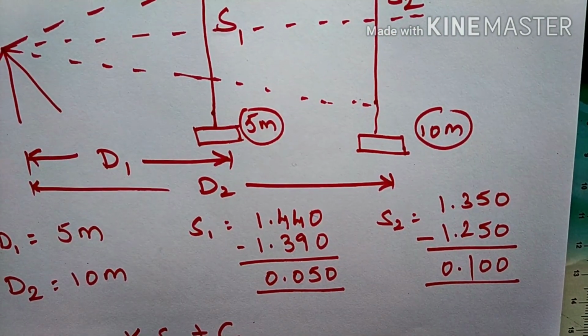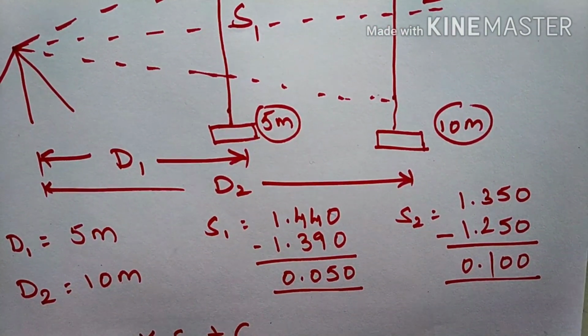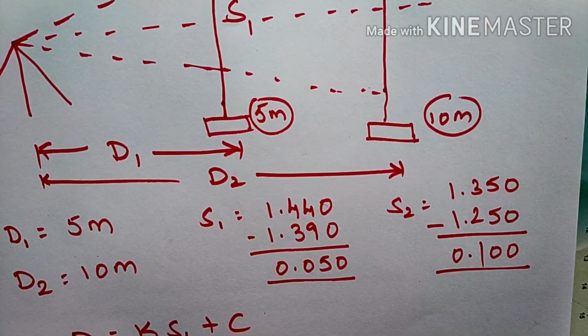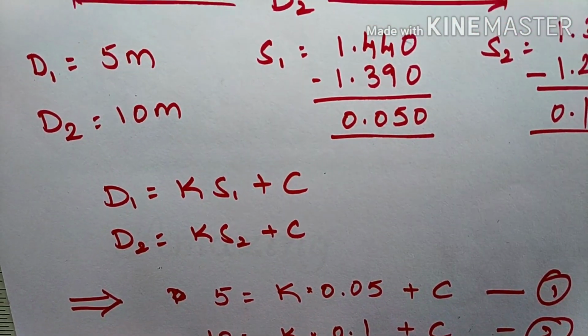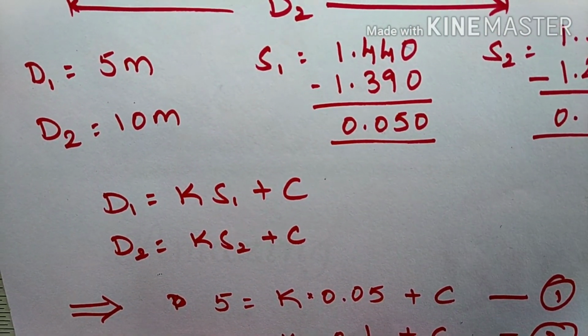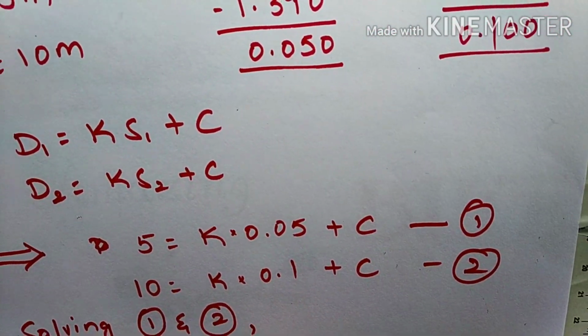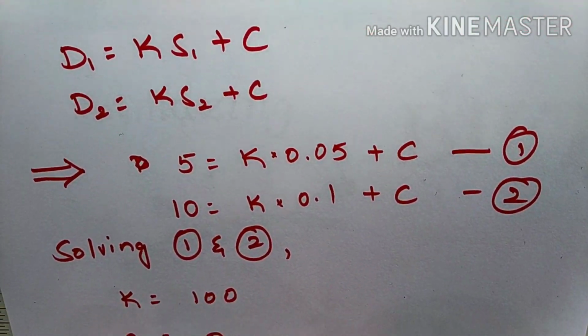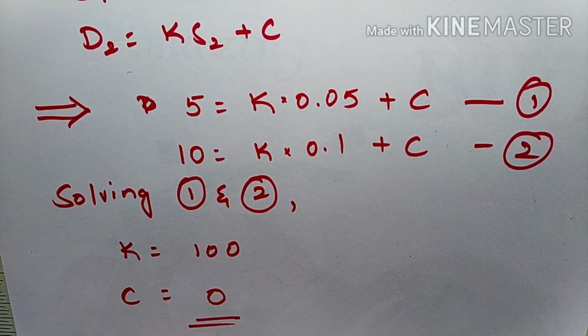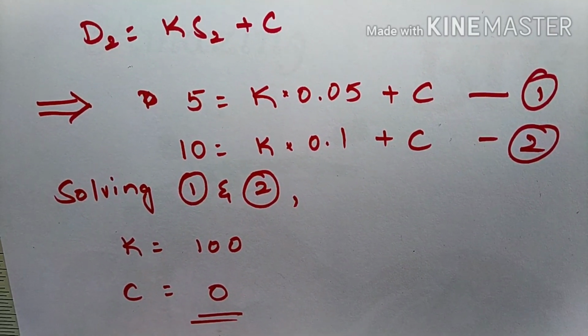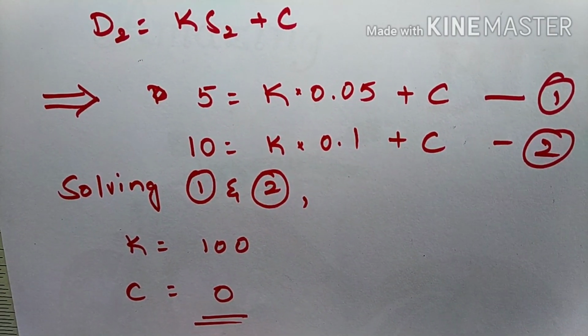Similarly, S2 has upper 1.35 and lower 1.25, the difference is 0.1. Now we will substitute these values in the expressions D1 is equal to K S1 plus C and D2 is equal to K S2 plus C, and you'll get two equations. If you solve these two simultaneous equations, you'll get the tachyometric constants, that is multiplicative constant K is equal to 100 and additive constant C is equal to 0.